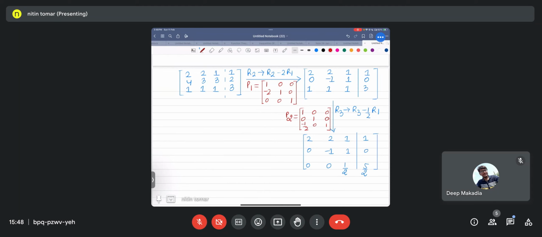Now I am going to ask you to verify this. It might take some time, but we have all the time. Verification. Let us say this matrix is, let's say, what should be named this matrix? A tilde.